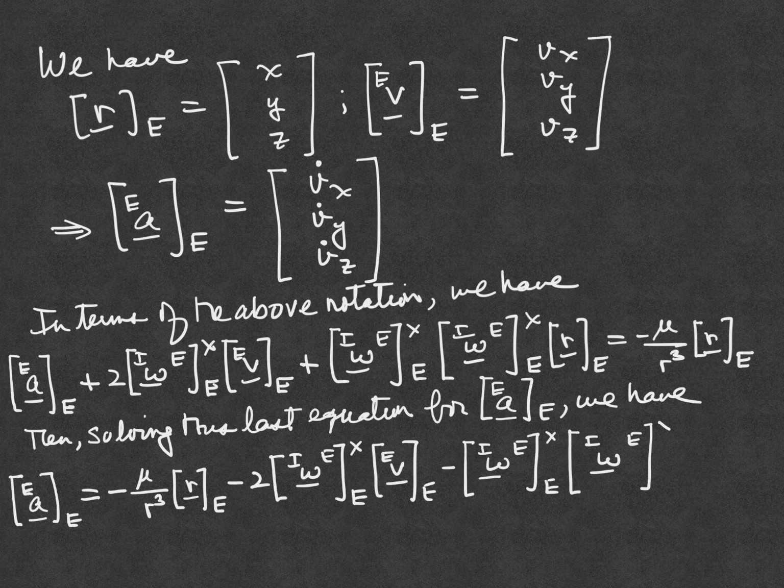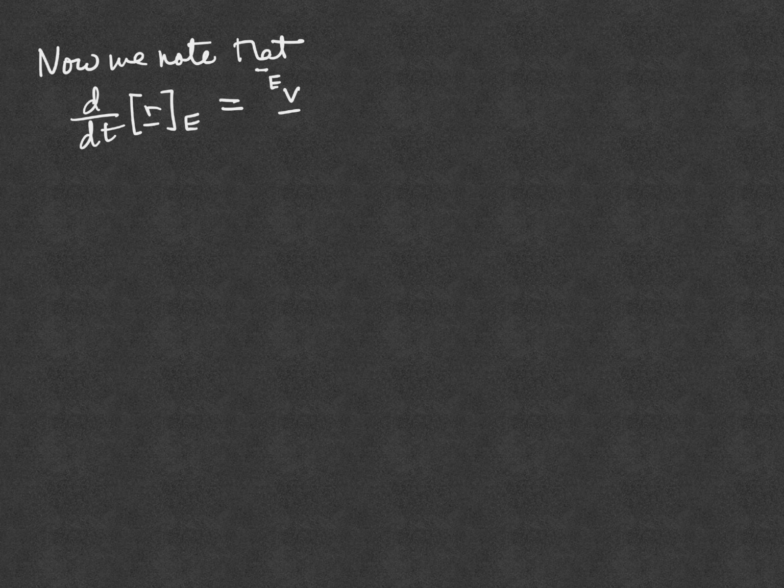So now we note that the rate of change of the position expressed in Earth-centered, Earth-fixed coordinates is equal to the Earth relative velocity expressed in Earth-centered, Earth-fixed coordinates. That's the same thing as just saying that x dot, y dot, and z dot is equal to vx, vy, and vz.